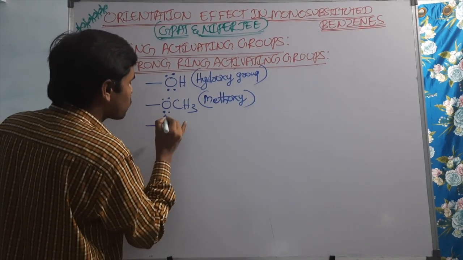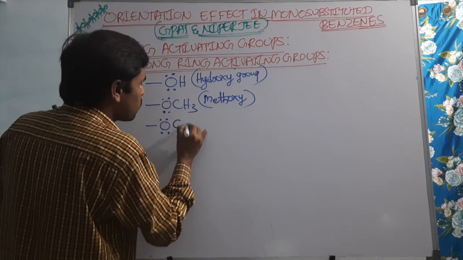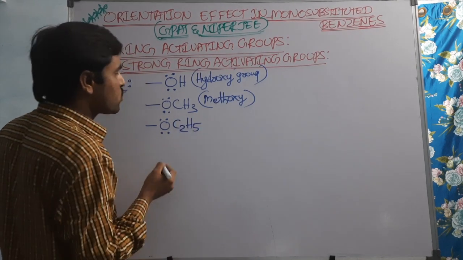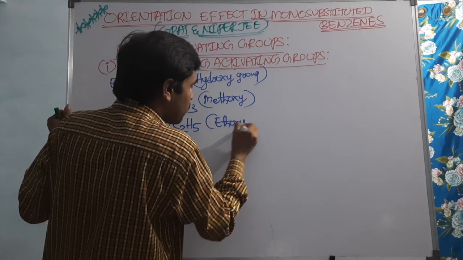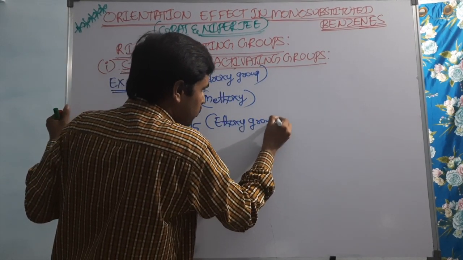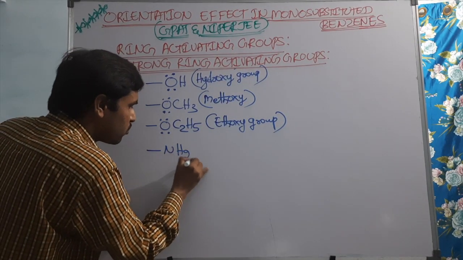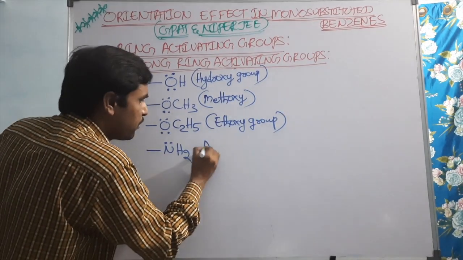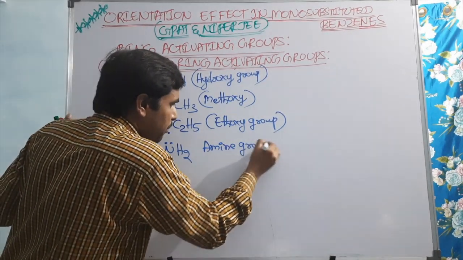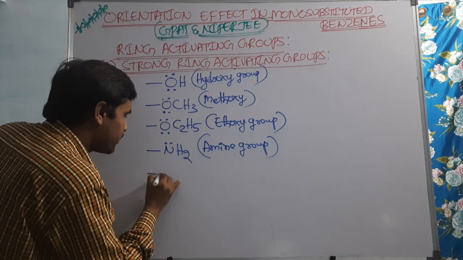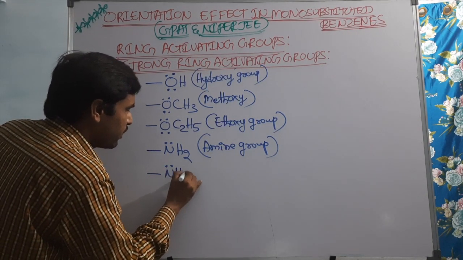The third example is OC2H5, that is the ethoxy group. Next one is the amine group, NH2, simply called the amine group. Next one is NHR.